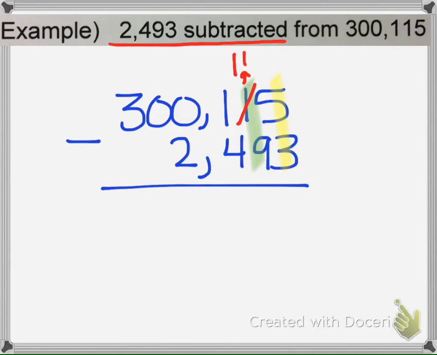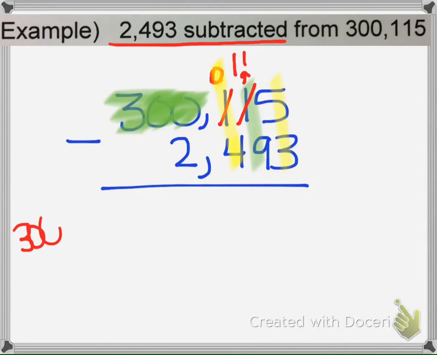And we had to get this 1 from next door, so we're going to make that a 0. But now we have a problem. We have a problem because 0 is not bigger than 4 here. So we're going to have to borrow 1, and if we look next door here, we can't borrow from the 0, and if we go over 1 more, we can't borrow from that 0, so we're going to have to borrow from the 300.